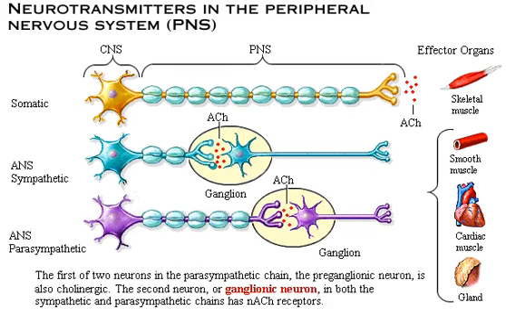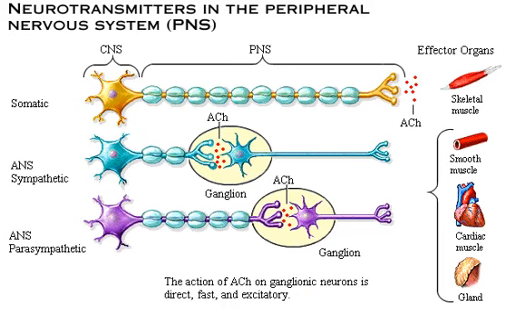The first of two neurons in the parasympathetic chain, the preganglionic neuron, is also cholinergic. The second neuron, or ganglionic neuron, in both the sympathetic and parasympathetic chains, has NACH receptors. Thus, the action of acetylcholine on ganglionic neurons is direct, fast, and excitatory.